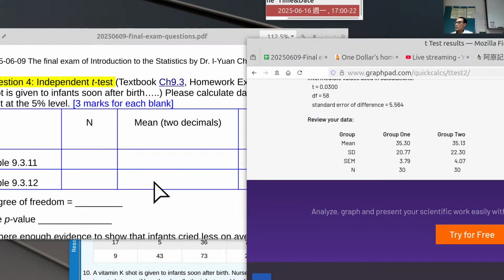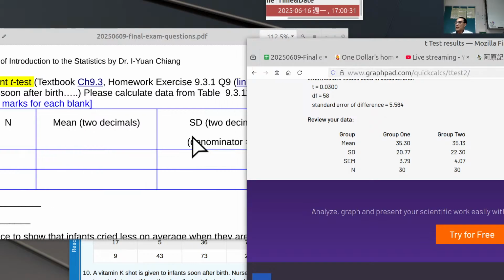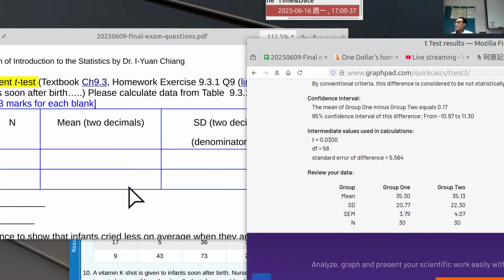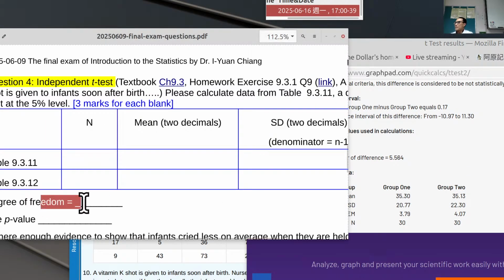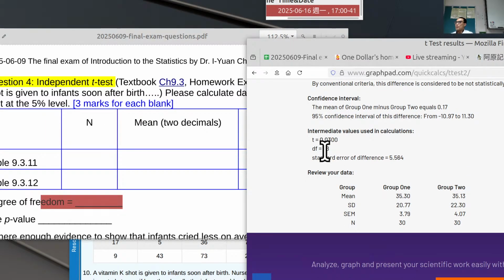Group 2, n is 30, mean 35.13, standard deviation 22.30. Okay, and how about degrees of freedom? The degrees of freedom will be 58.